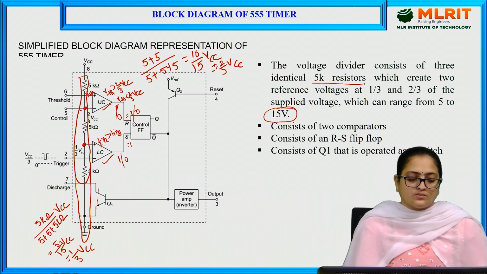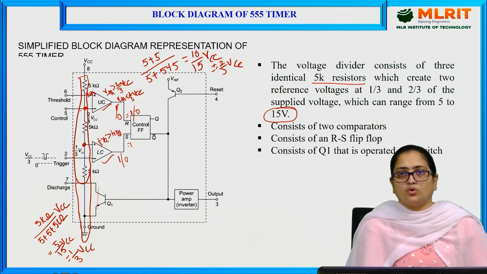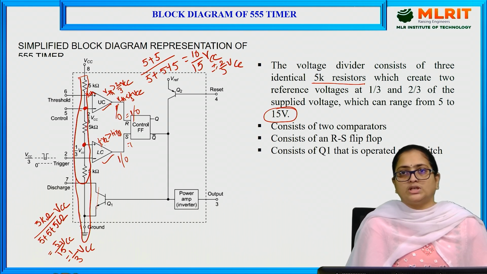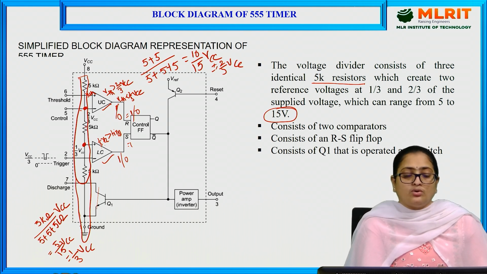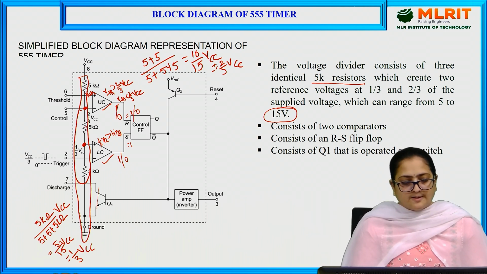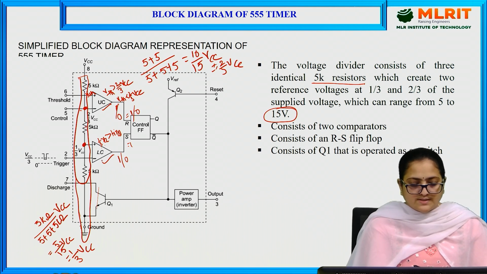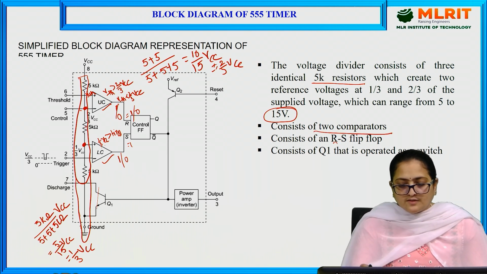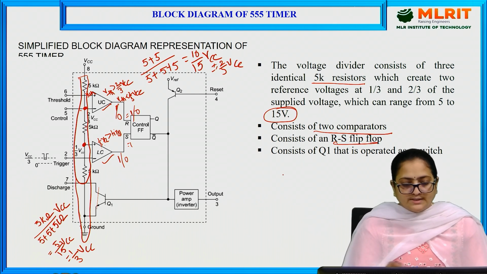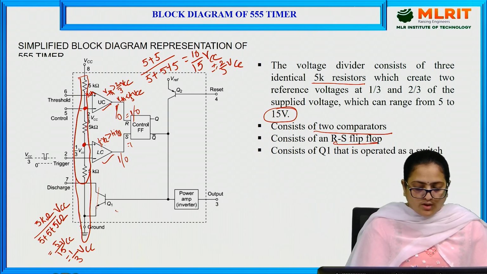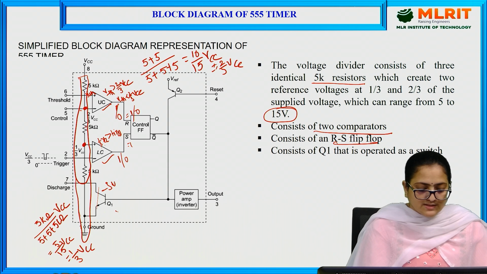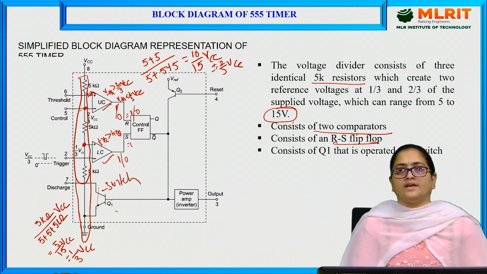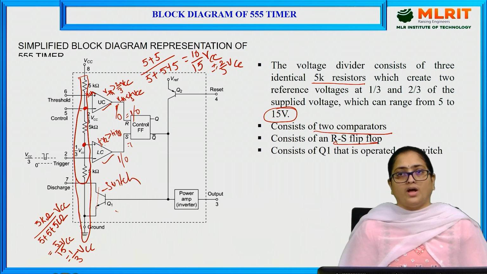It gives 1/3 VCC at the positive terminal of the lower comparator and 2/3 VCC at the negative terminal of the upper comparator. By seeing this internal circuit diagram, you can say that we have 2 comparators and 1 RS flip-flop, and a transistor Q1 which operates as a switch and directly connects to the discharge pin based on the Q bar value.